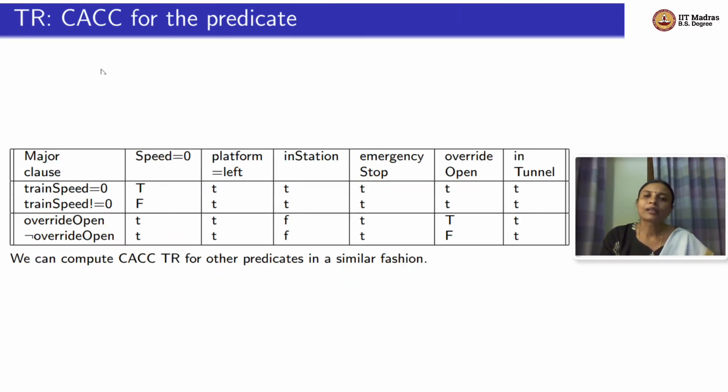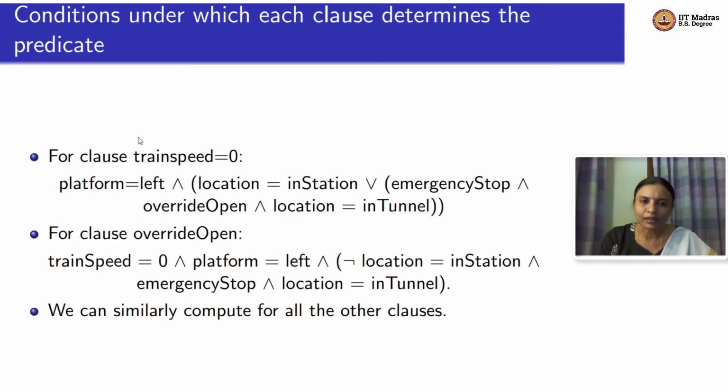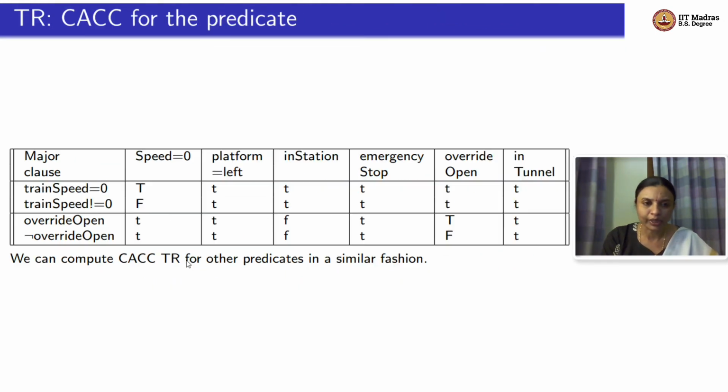So now we've written out. We can write general active clause coverage criteria, correlated active clause coverage criteria, or restricted active clause coverage criteria. Let's say we choose correlated active clause coverage criteria, CACC. So these are the 2 clauses that I had considered in this slide: train speed 0, override open. And these resulting formulas describe the conditions under which the clause determines the predicate.